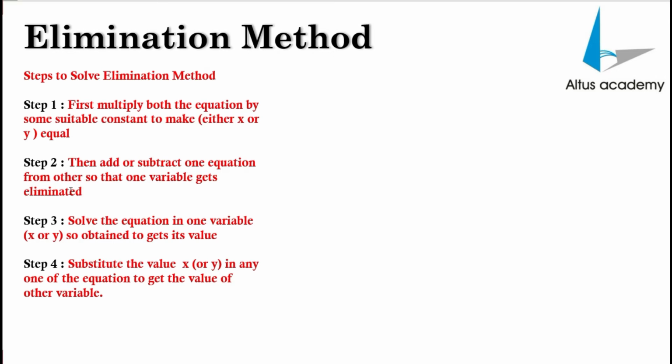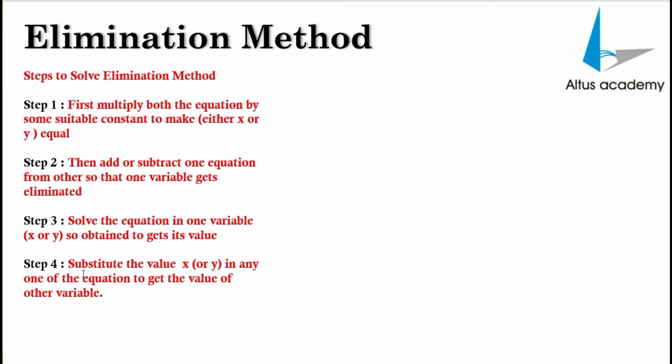Step number 3: solve the equation in one variable to obtain its value. Whatever equation you get in a single variable, you have to solve it and get the answer for x or y.